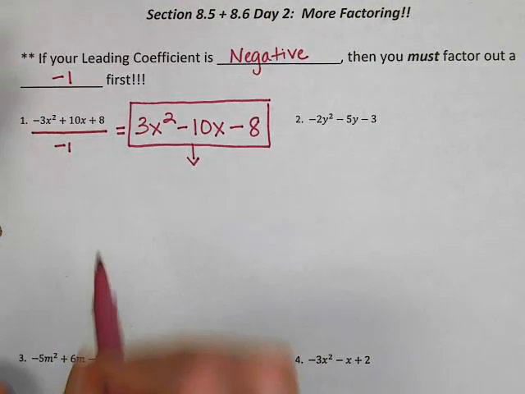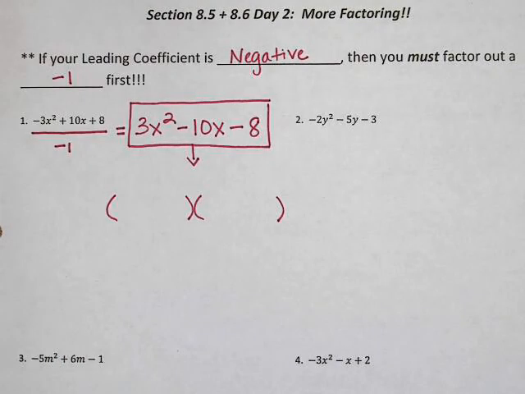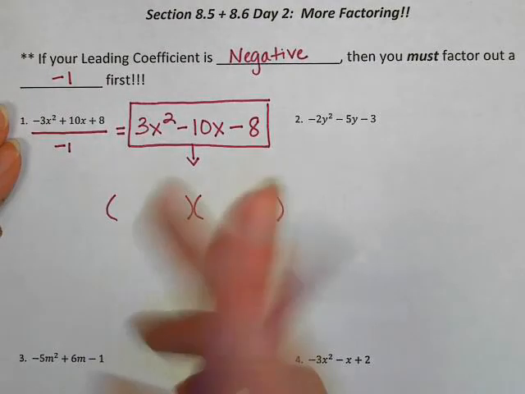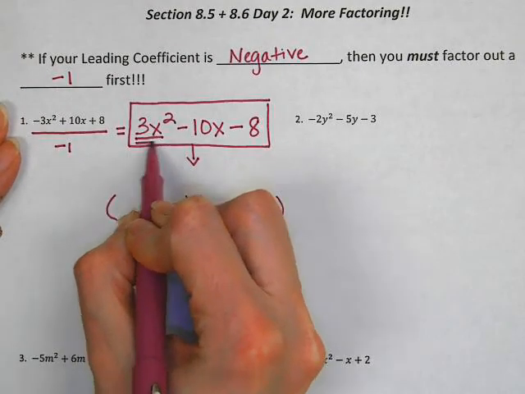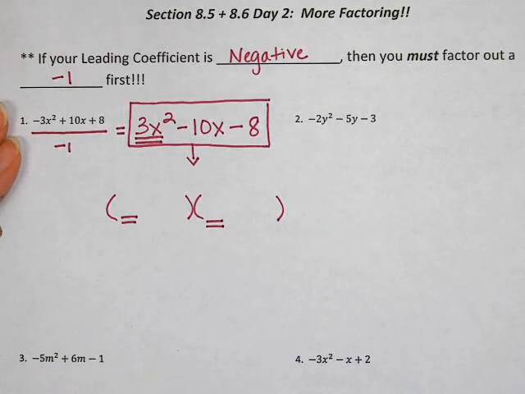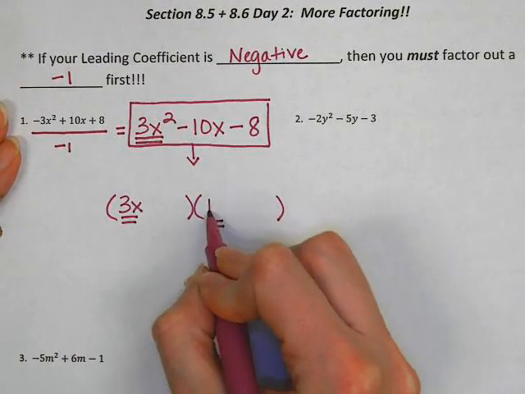Okay, let's do it. So you're going to draw your two parentheses. Of course this is the hard one with a number out front, but that's okay. All right, we got to get 3x squared. So what's got to go here and here to get 3x squared? It's got to be a 3x and a 1x.